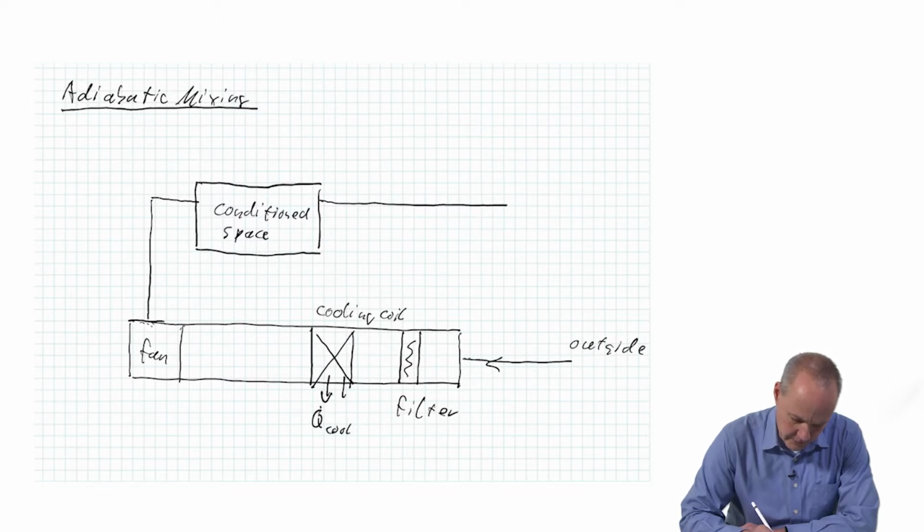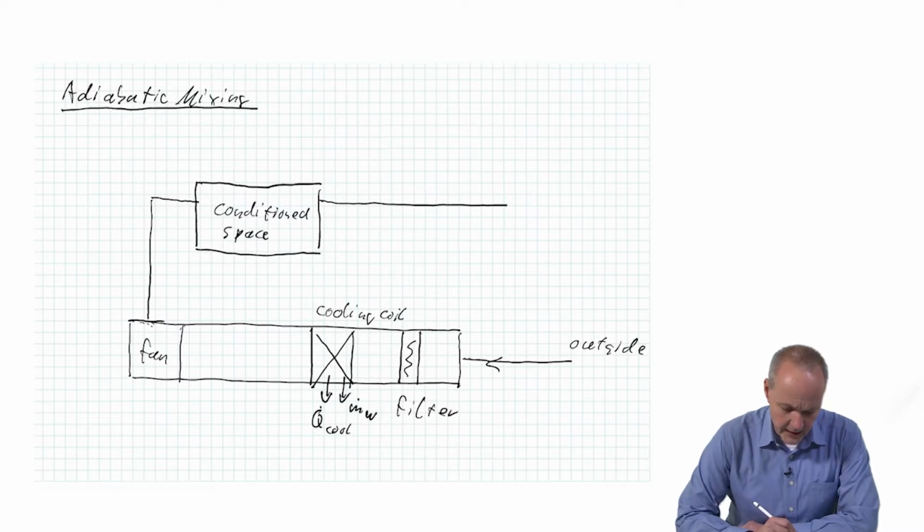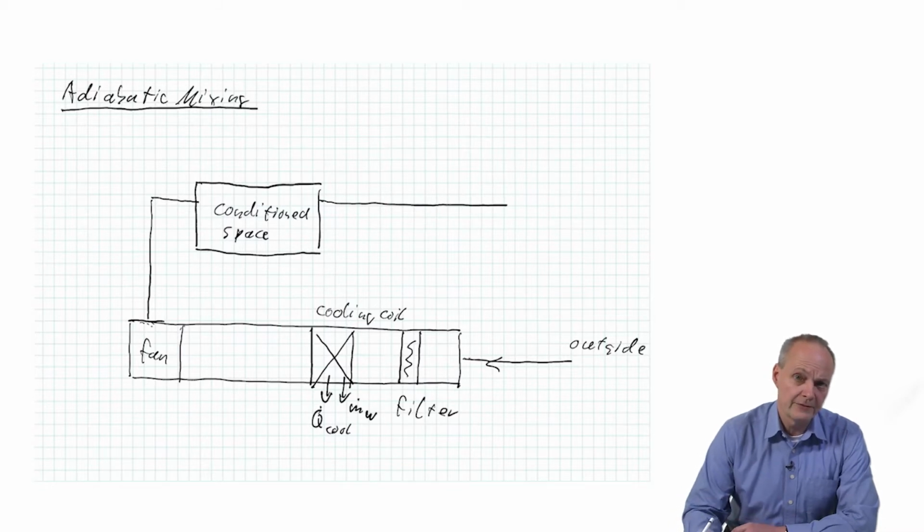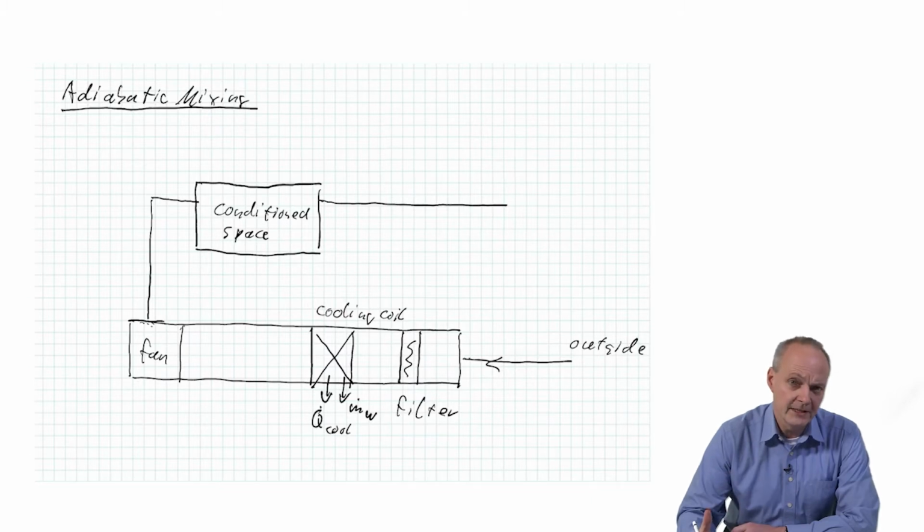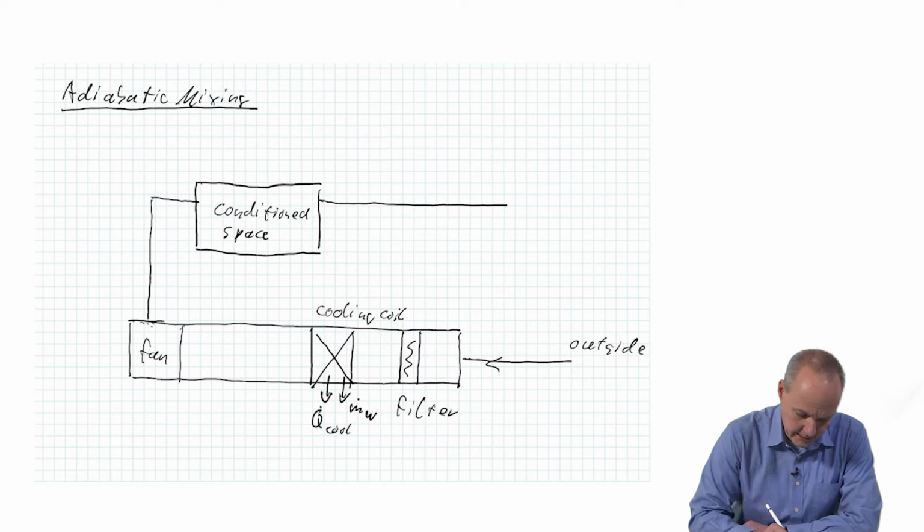But we are also removing water. And quite often the air gets cooled down to temperatures of around 45 degrees Fahrenheit and has fairly high humidity. So typically what we want to do is we want to reheat the air. Yeah? So we have a reheat coil.